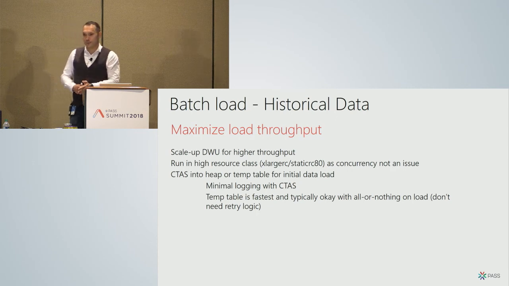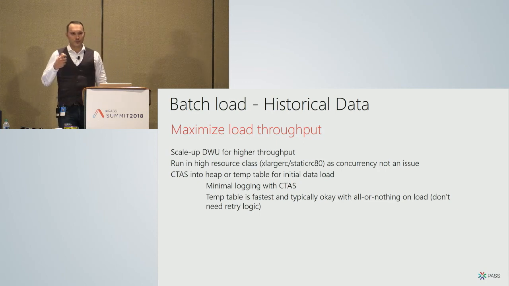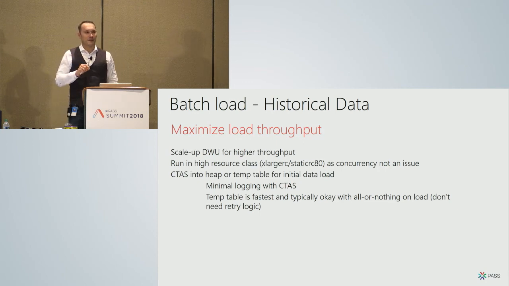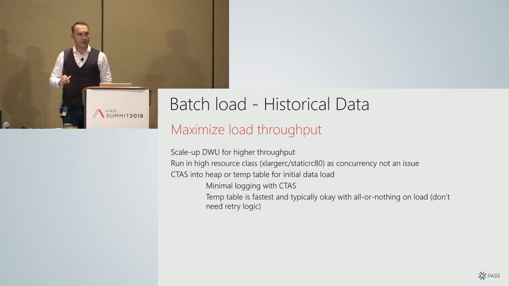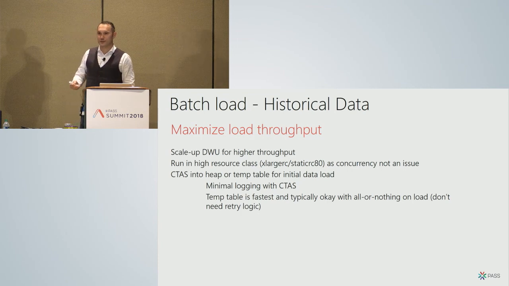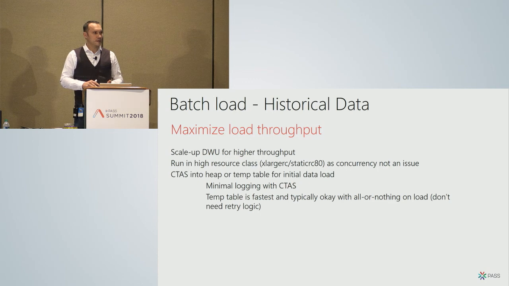A couple of things I learned myself from John is what you may specify, which is by default not there, but you may specify using local tempdb in order to accelerate data loading. Because if you remember the architecture of SQL data warehouse, we persist data, or persisted tables are stored in the blob, whereas temp tables all reside on the local SSDs.